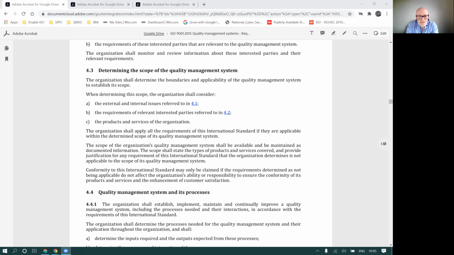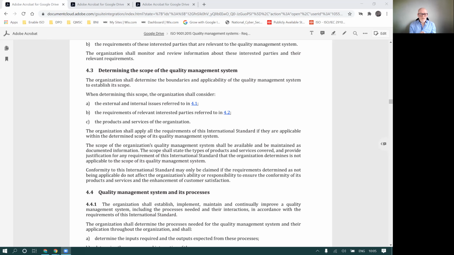And then conformity to this international standard can only be claimed if the requirements determined as not being applicable do not affect the organization's ability or responsibility to ensure the conformity of its products and services and the enhancement of customer satisfaction. Okay, so where do you begin?